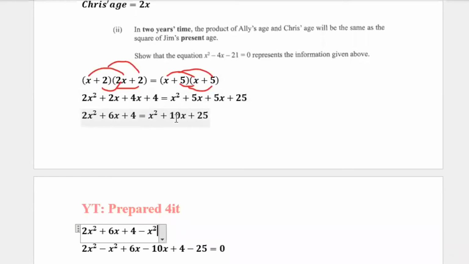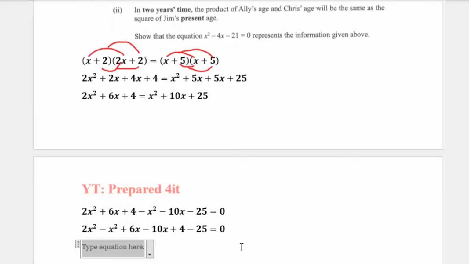The 10x, it was adding here, so when it comes across, it becomes a minus 10x. And the 25, it was adding here, so when it comes across, it becomes a minus 25 is equal to 0. And then basically what we did here is to group our like terms. So I take the 2x squared here and the minus x squared, put them together. I take the 6x here and the minus 10x, group them together, and the plus 4 here and the minus 25, group them together in order to get our final answer.